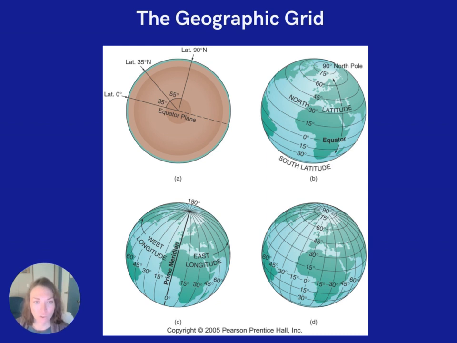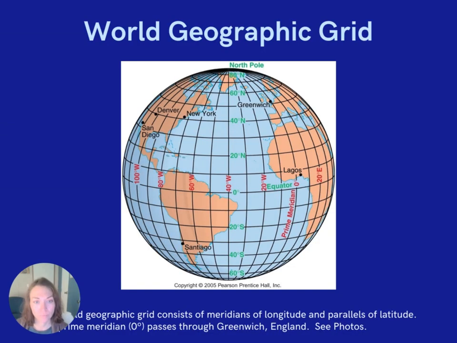Real quick, we'll look at the geographic grid here. We can see we have the prime meridian, 0 degrees longitude, and the equator running at 0 degrees latitude. And some important meridians and parallels to know. The prime meridian, you can remember that it passes through Greenwich, England.